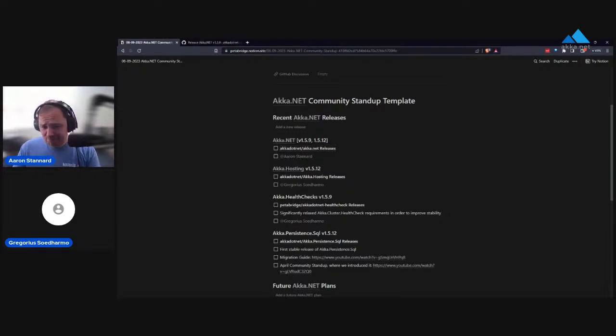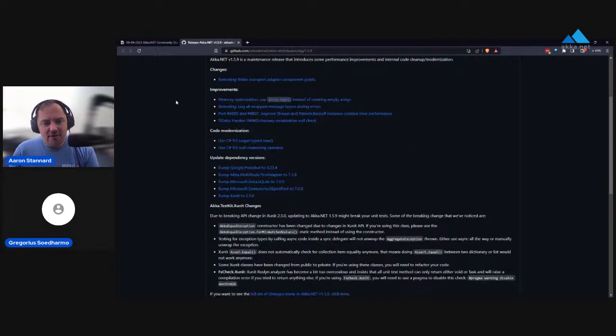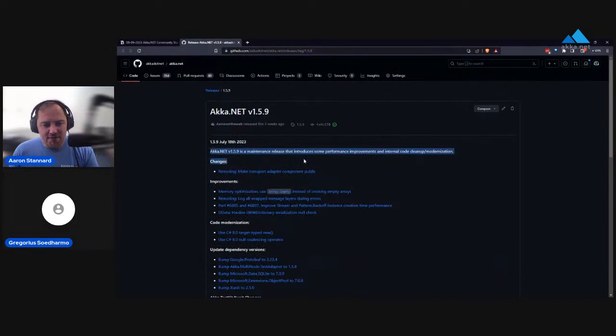I was traveling throughout most of June for NDC Oslo at the very beginning, and then I had some trainings and other business trips. Even during the first week of July, I was abroad. So we didn't ship a whole lot of open source stuff, but that is not the story for the month of August. So I guess we'll begin with Akka.NET 1.59.